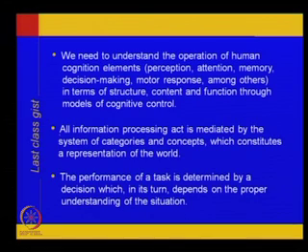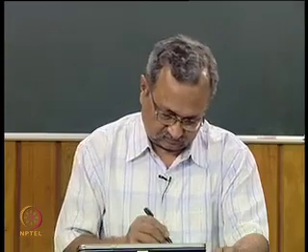We also have discussed that all information processing acts are mediated by the system of categories and concepts, which constitutes a representation of the world. The performance of a task is determined by a decision which, in its turn, depends on the proper understanding of the situation. Development should be context specific.